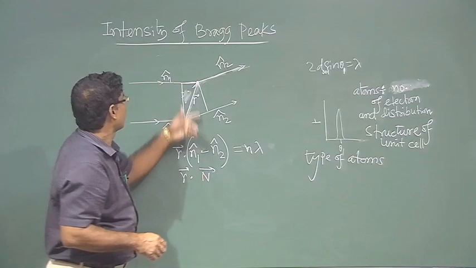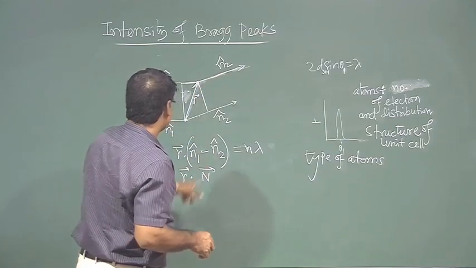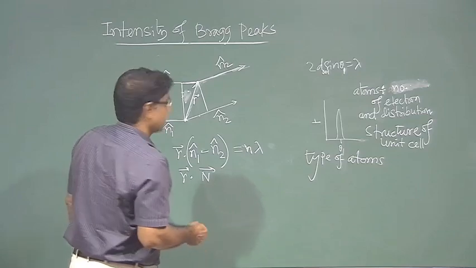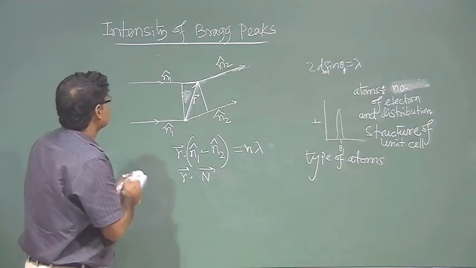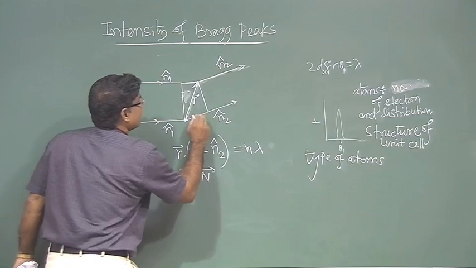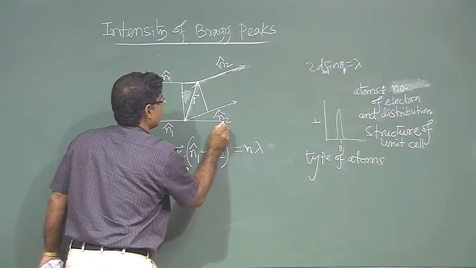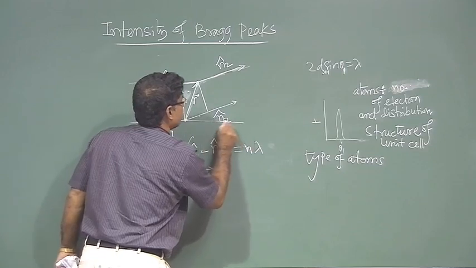So, what is this vector capital N? So, this is the n2 direction and this is the n1 direction, right.